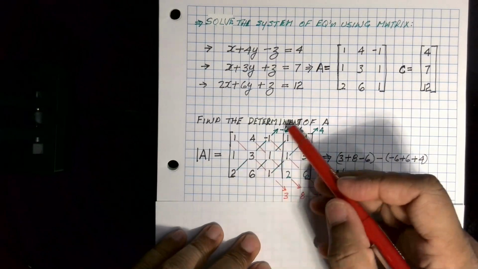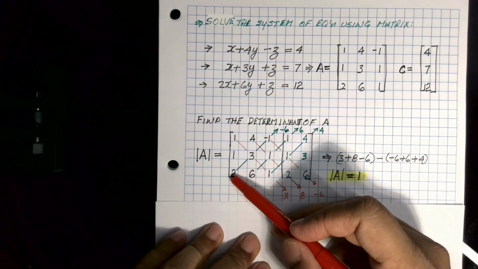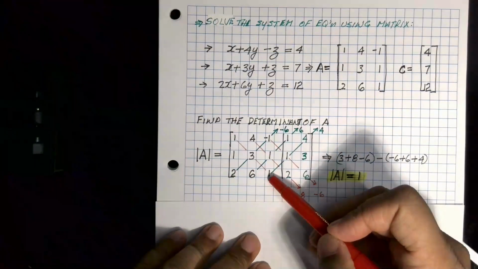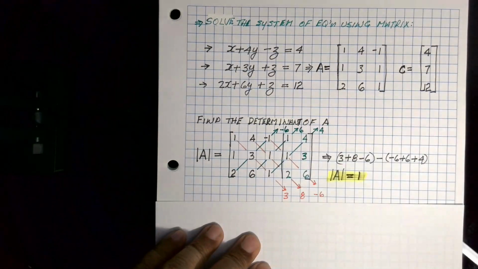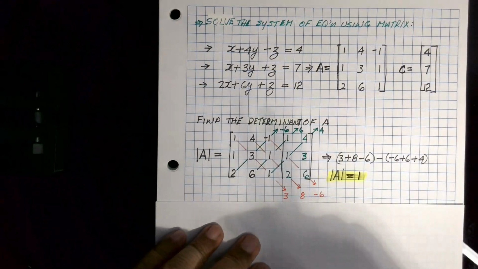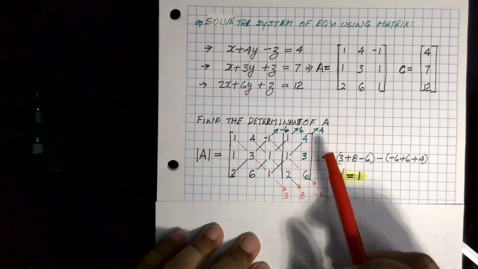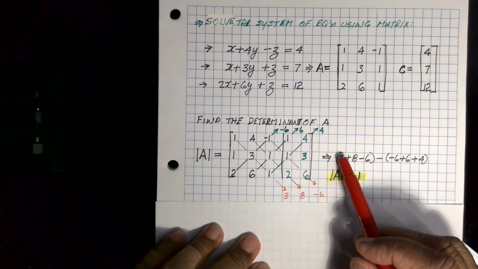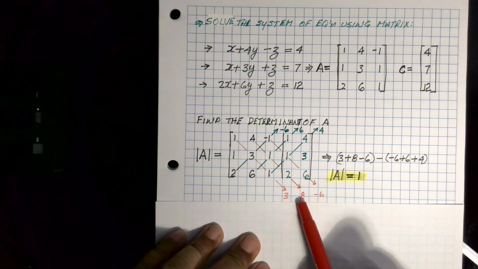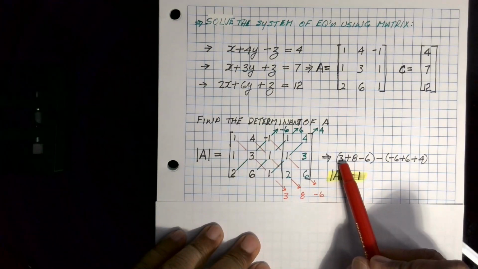Let's go for the off diagonal now, and we are looking at minus 6, and we have 6, and right here we just have 4. So we have to go for the sum of these things now. We are taking away the sum of the off diagonal from the sum of the principal diagonal, right? The principal diagonal, 3 plus 8 minus 6, and that's what's there.